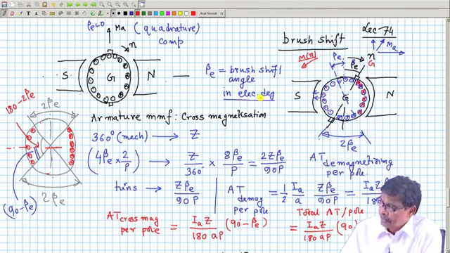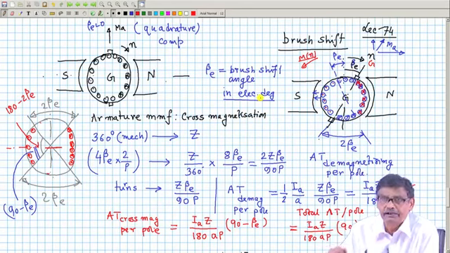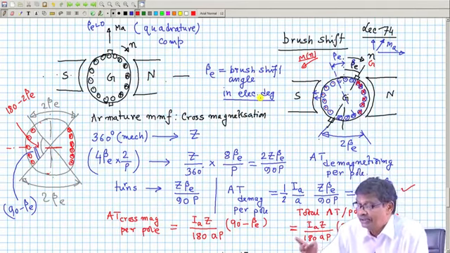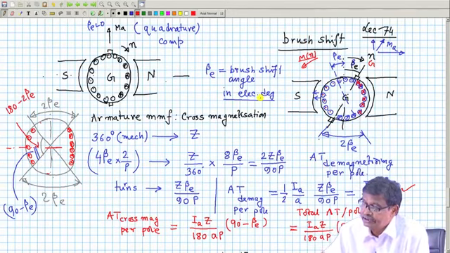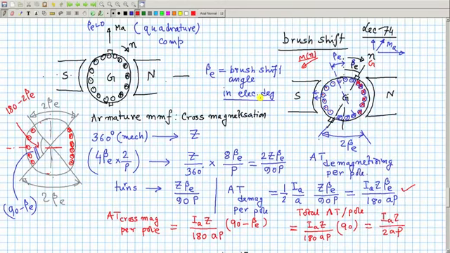But here the important point is that the segregation of the conductors is done rather arbitrarily. Arbitrarily in the sense that, by looking visually at it, I just attribute beta E, then 2 beta E here, 2 beta E here gives you the demagnetizing component. And this 180 minus 2 beta E and 180 minus 2 beta E here will give you the cross magnetizing ampere turns per pole.